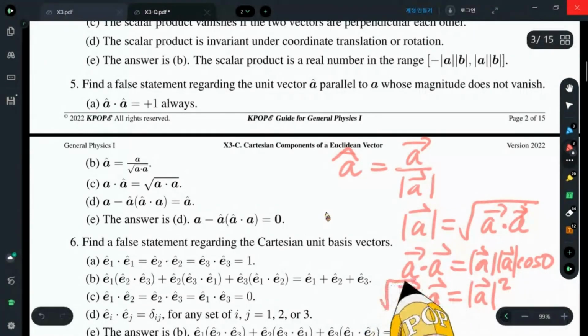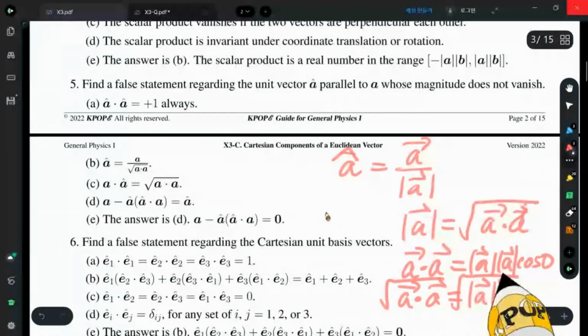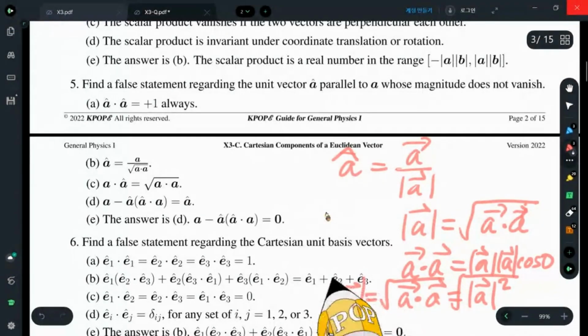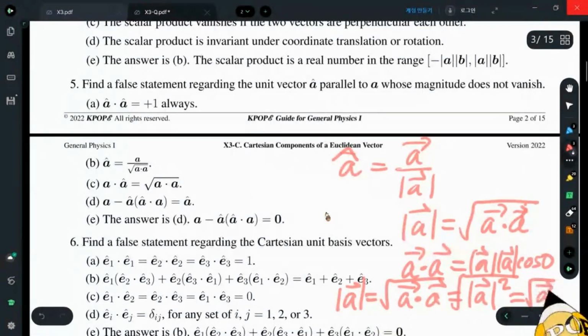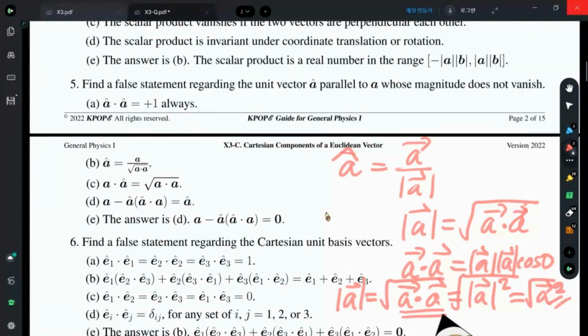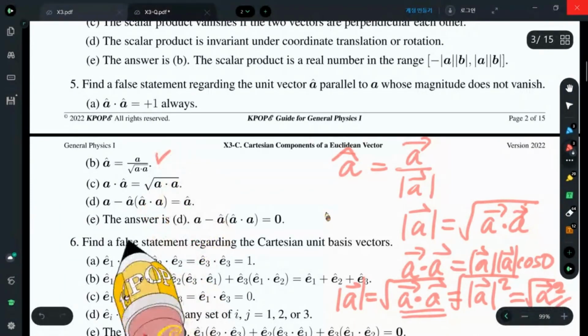We now take the square root. Because it's positive, we define the A vector magnitude. We always express the magnitude of a vector as the square root of A vector dot A. So simply we say A vector squared. This one means scalar product with itself.